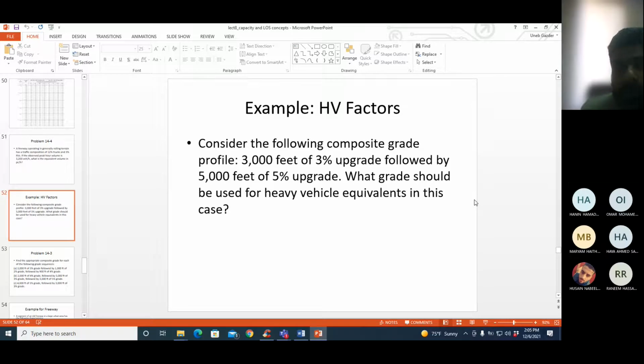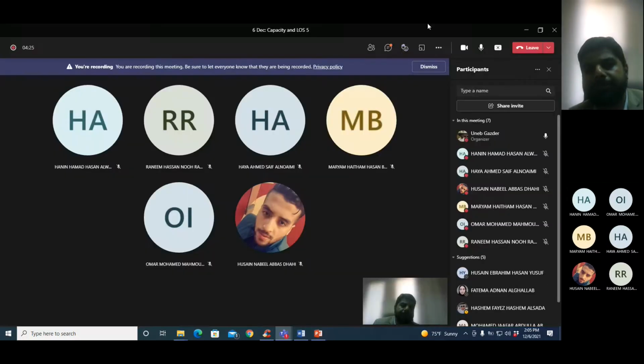How to combine two gradients. The method for combining two or more gradients in a segment is known as the average gradient method.